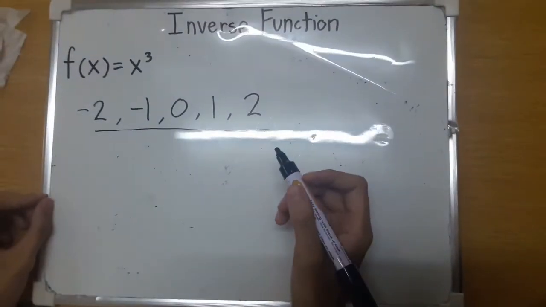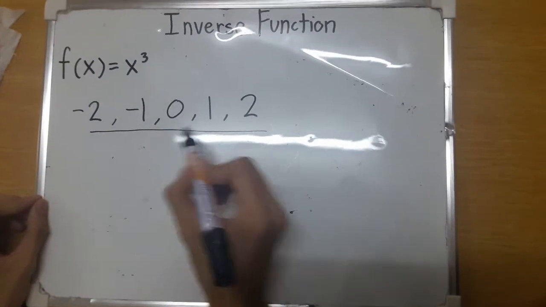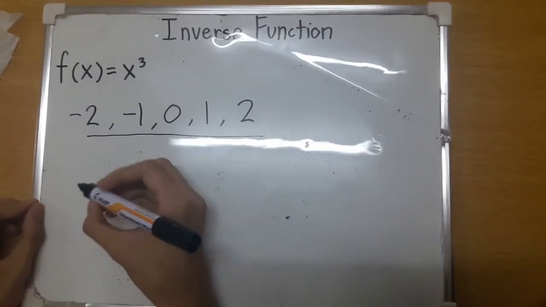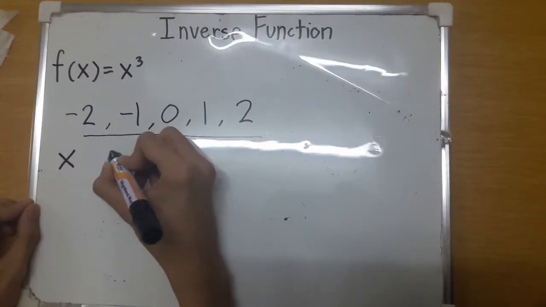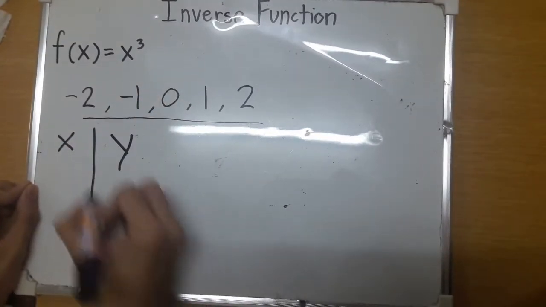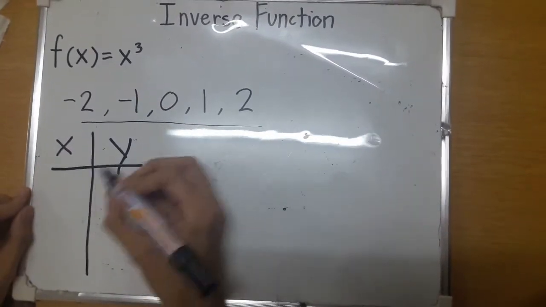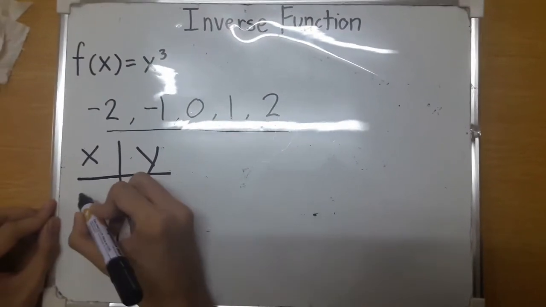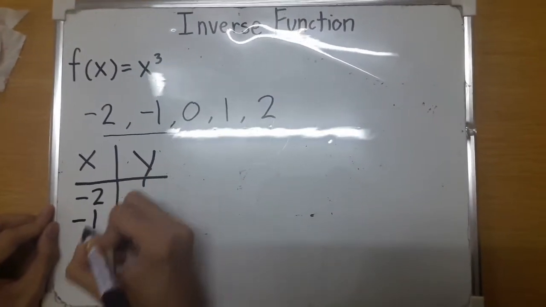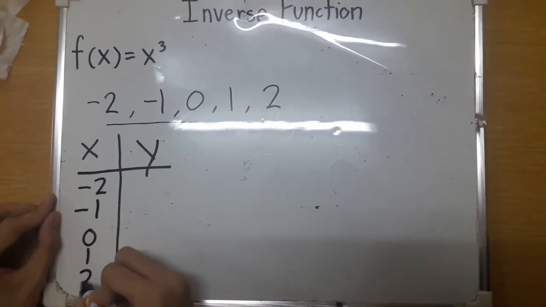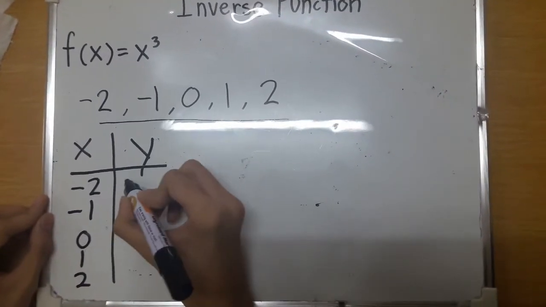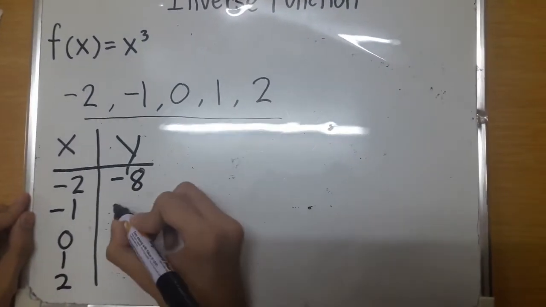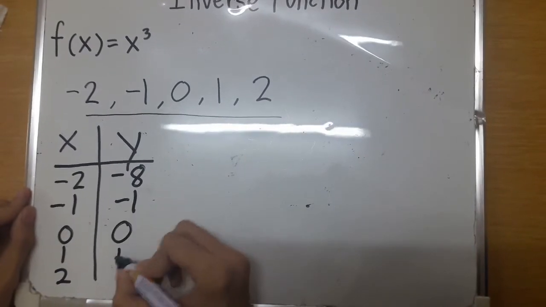Okay, since you solved each x-intercept into its y, we're going to make a t-chart. Then just copy these 5 different x values: -2, -1, 0, 1, and 2. Then your y is -8, -1, 0, 1, and 8.